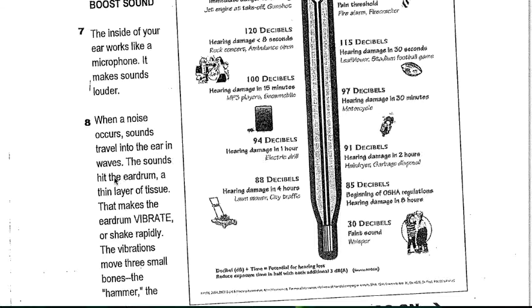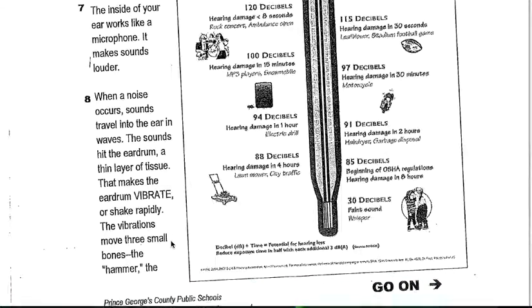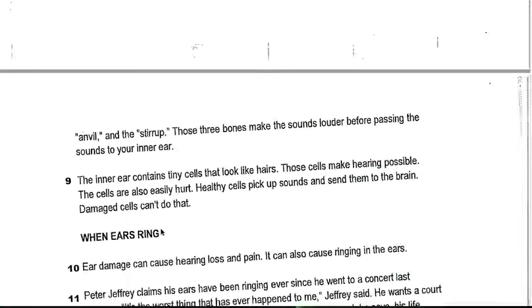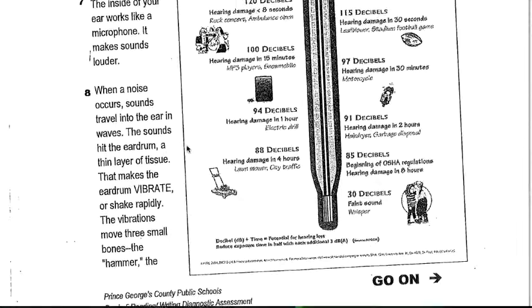The sound hits the eardrum, a thin layer of tissue that makes the eardrum vibrate or shake rapidly. The vibrations move three small bones, which are the hammer, the anvil, and the stirrup. Those three bones make the sounds louder before passing the sounds to your inner ear.